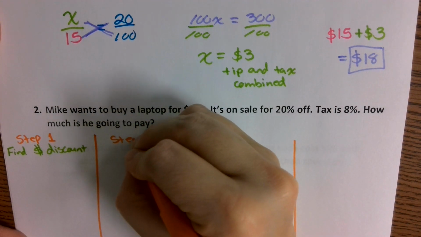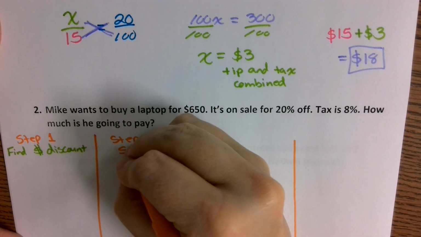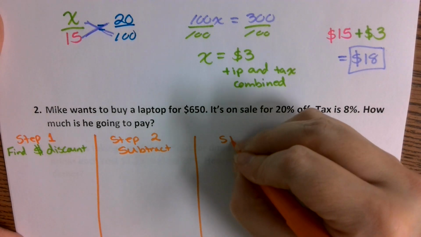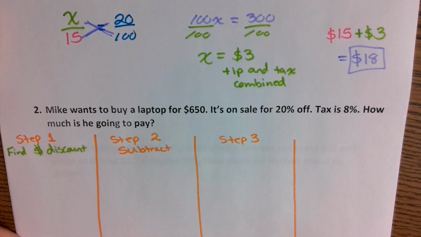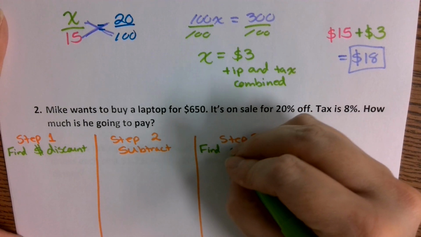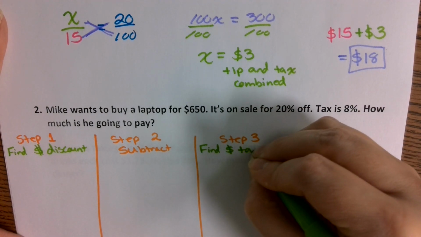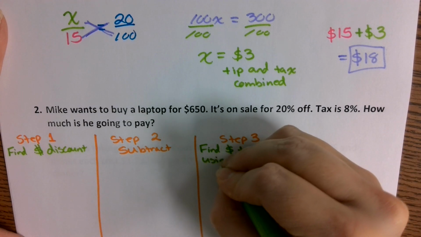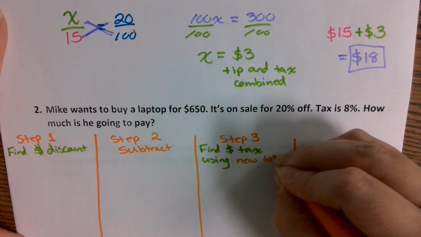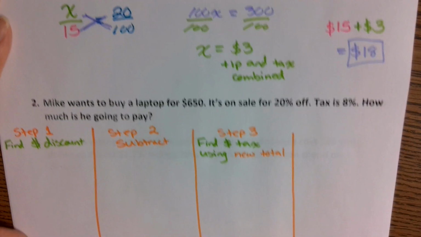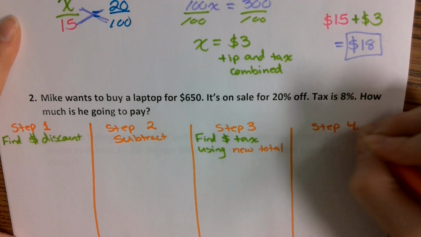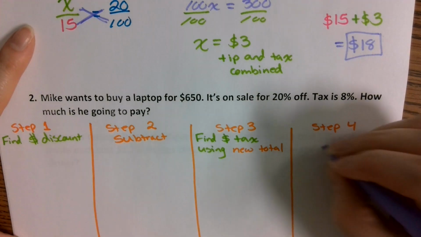Step 2, you are going to subtract. Step 3, you are going to find your money version for your tax using your new total. Step 4, you are going to add.